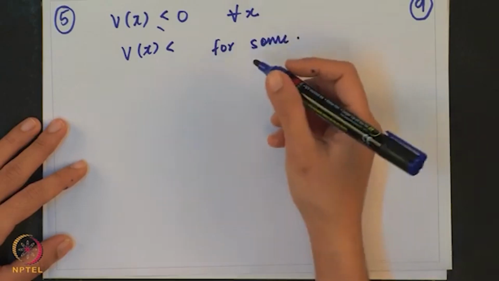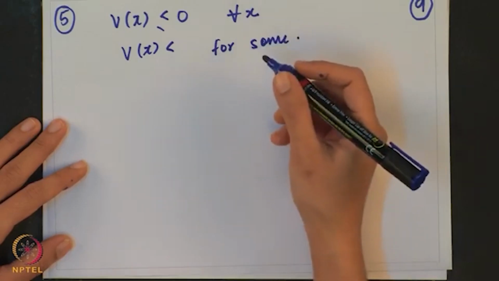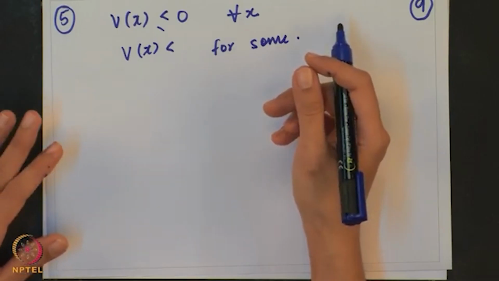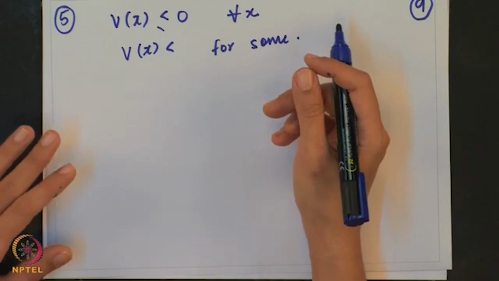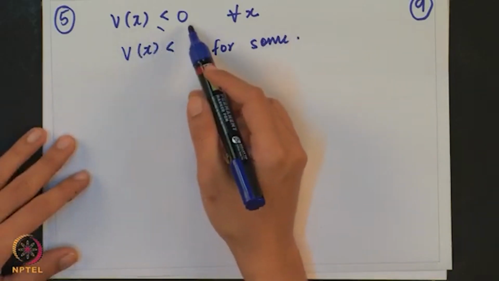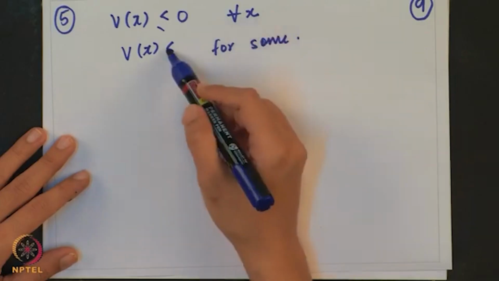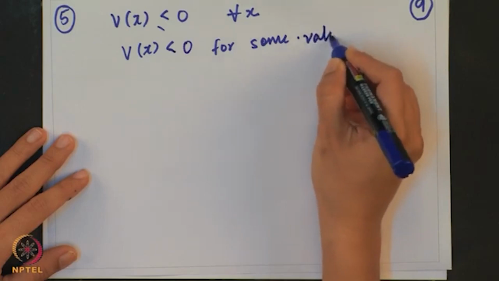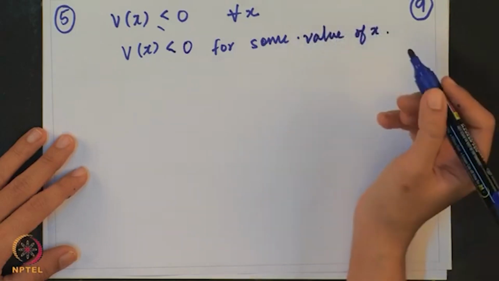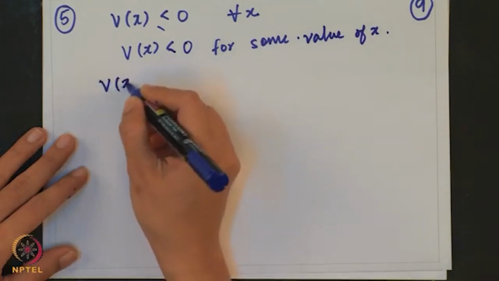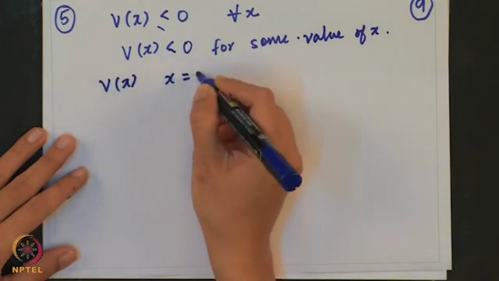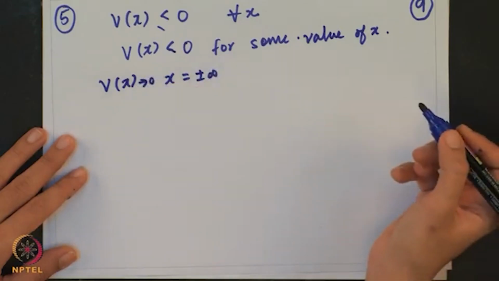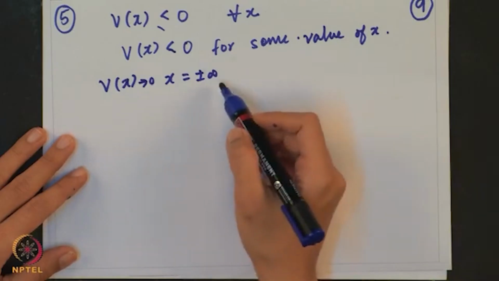By an attractive potential, we mean a piecewise continuous function V of x such that V of x is less than or equal to 0 for all x, and it is less than 0 for some value of x. Now, we know that V of x vanishes at x equal to plus minus infinity, it goes to 0.